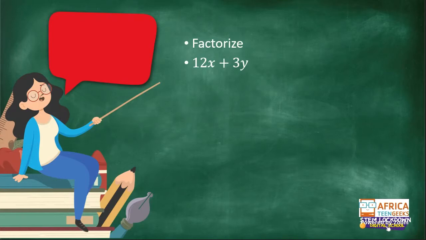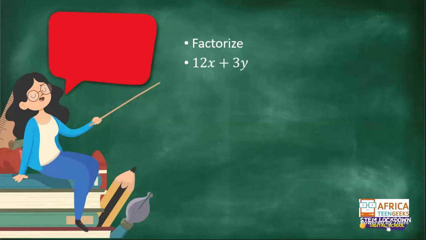Okay. All that I need you to do now is just to take the common factor. So there are 2 terms here, 12x and 3y. Now, is there any common factor? Let's start with the numerical values before we go to the variables. So between 12 and 3, is there a common factor there? Yes, sir. It's 3. Is there a number that can go into 12 without a remainder, and also into 3? What is that number?